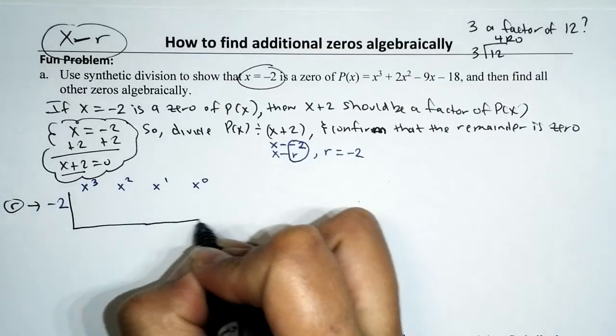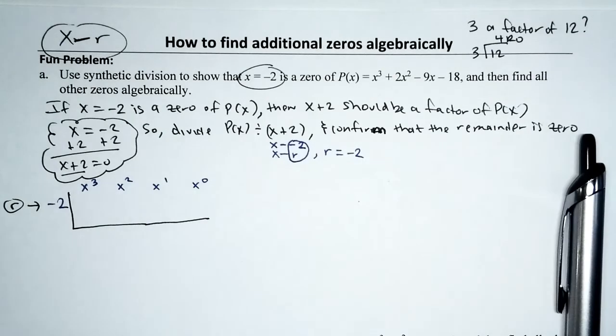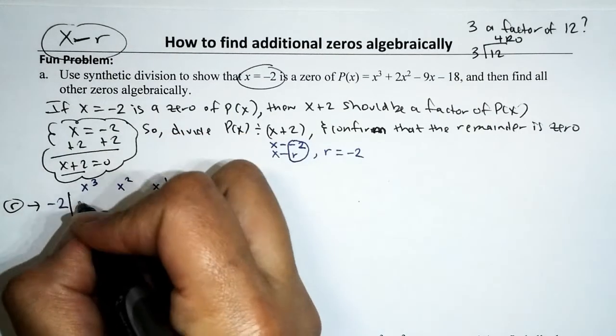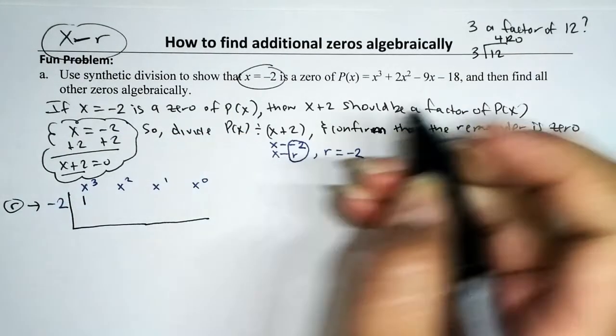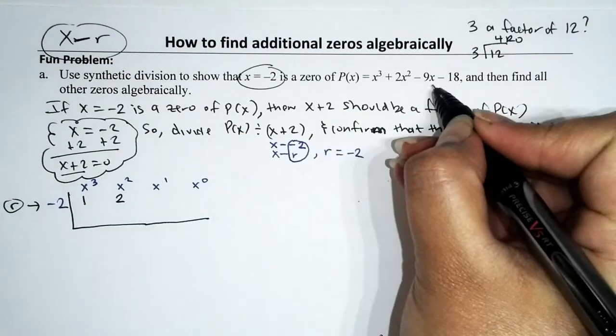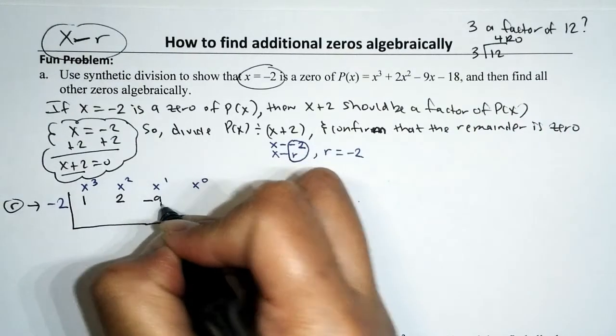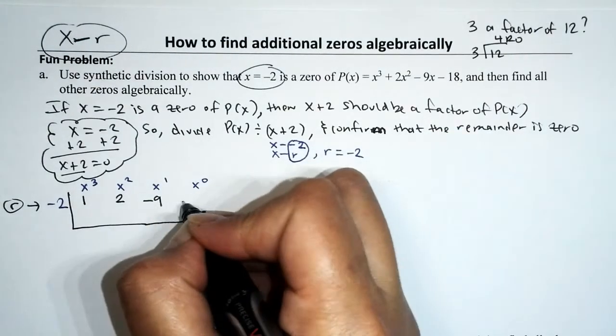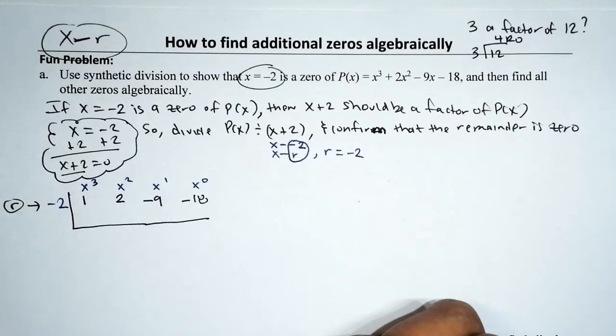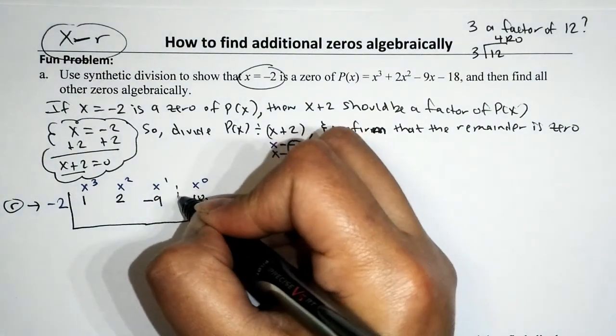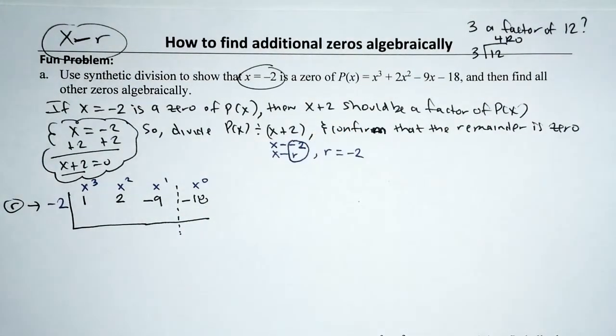The coefficient of the x to the third term is 1. For the x to the second, it's 2. For the x to the first, it's negative 9. And the constant term, or the degree 0 term, is negative 18. While we're at it, let's separate the quotient from the remainder.